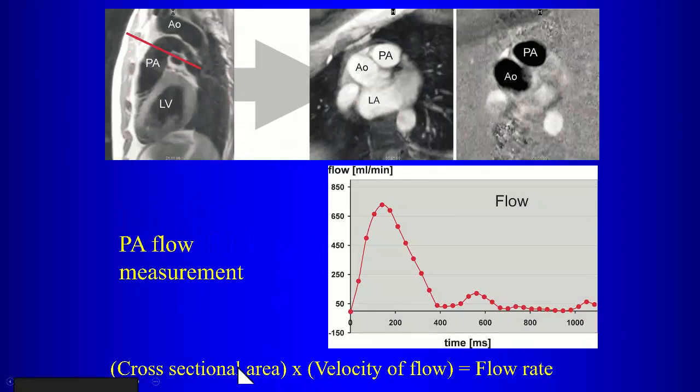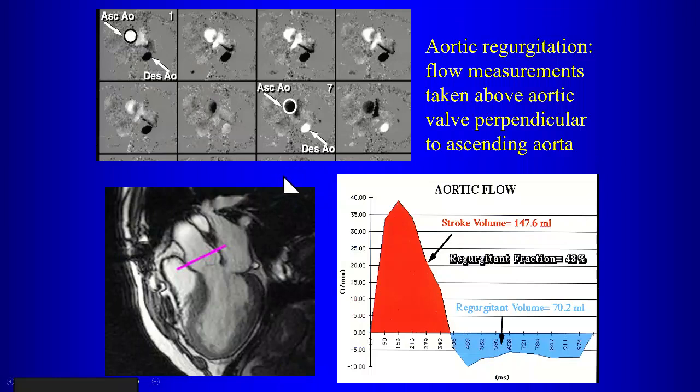Okay. The cross-sectional area times the average velocity gives you the flow rate, so we can calculate the flow rates through either the aorta or the pulmonary artery with phase contrast MR. If you have aortic regurgitation, you see it changes color. In this case, it's white when it's going up, black when it's going down when there's regurgitation.